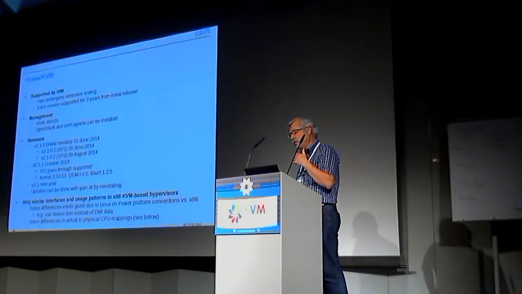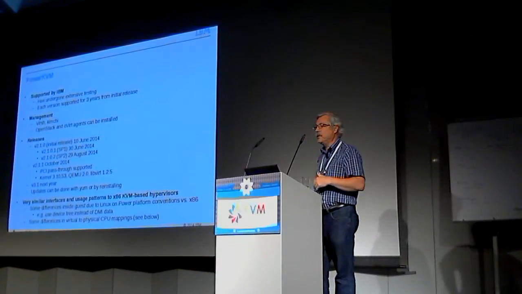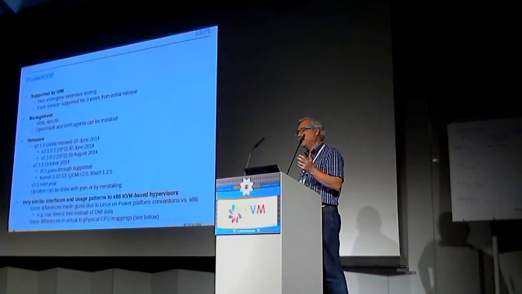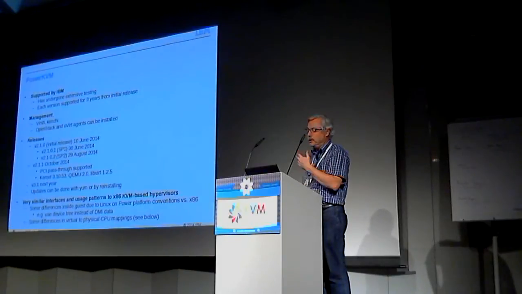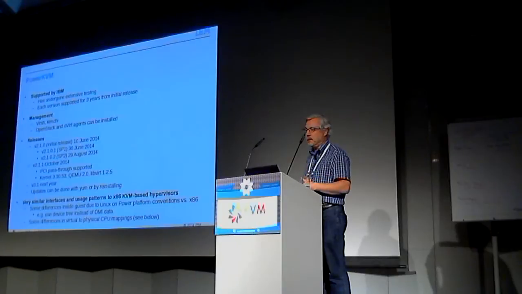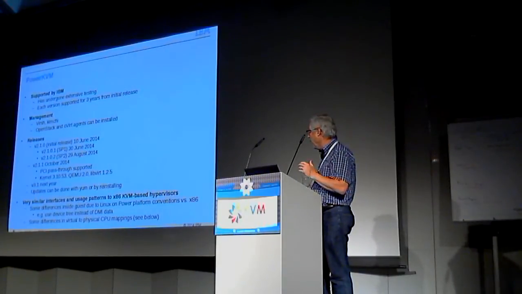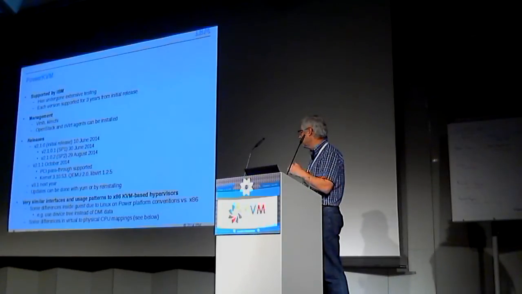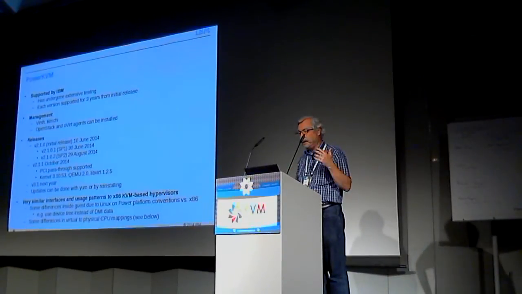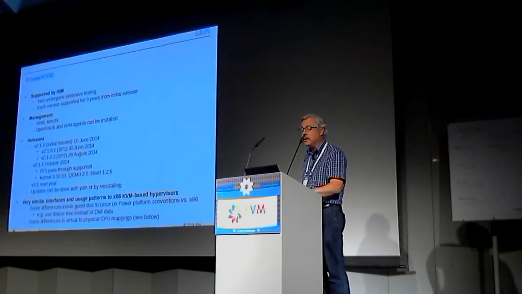Because we support Linux on Power guests, we support the platform conventions of Linux on Power, so that, for instance, we have a device tree instead of having DMI data. So in your Linux on Power guest, you don't use DMI decode, you use LSHW or something like that. And there are some differences in virtual to physical CPU mappings, which I'll talk about later, that are some of the differences that people notice.